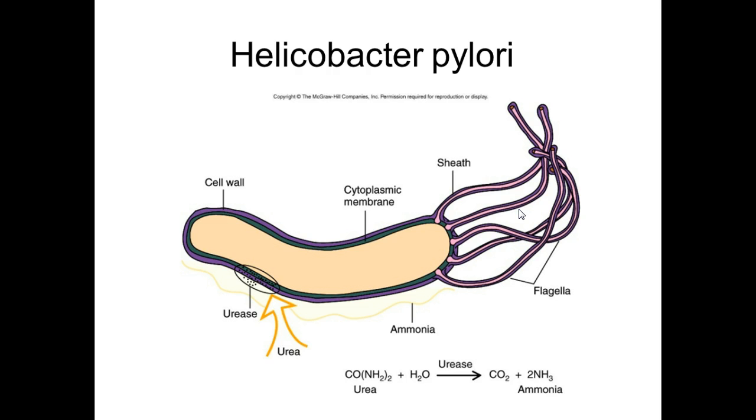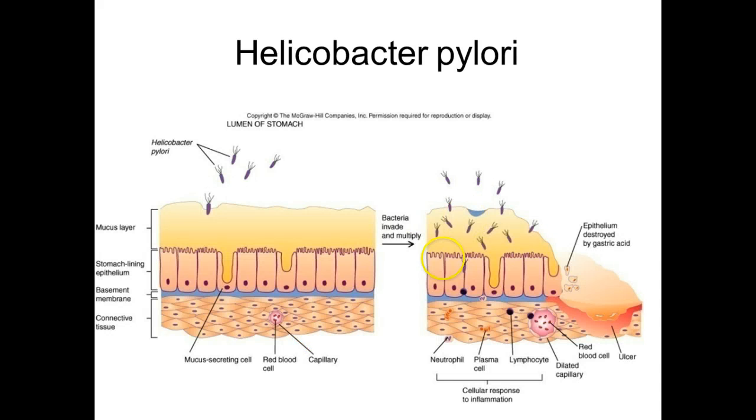So this guy swims through the acid, swims through the mucus unharmed, gets to the epithelial cells lining the stomach and kills them. Then your stomach starts basically eating itself, because the cells that are producing the mucus are getting killed, right?